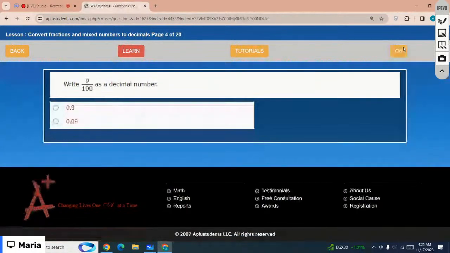Okay, write 9 over 100 as a decimal number. So which is the correct option? That would be, yes, 0.09 is correct. The second one is the correct option.